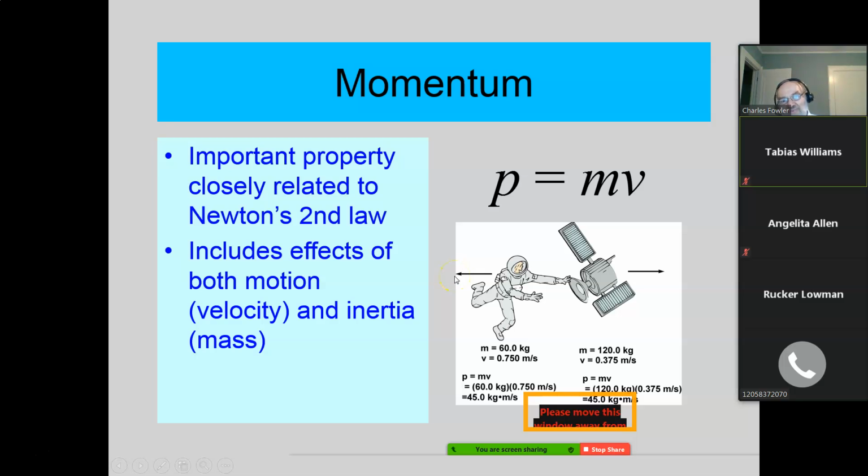Remember, velocity is a vector quantity. You have to specify what direction. To the left. The mass of the spacecraft here is 120 kilograms, twice as massive as the astronaut, but its velocity is 0.375 meters per second to the right.